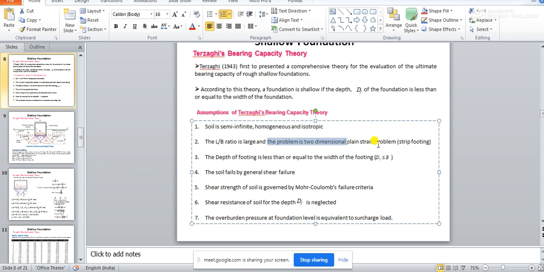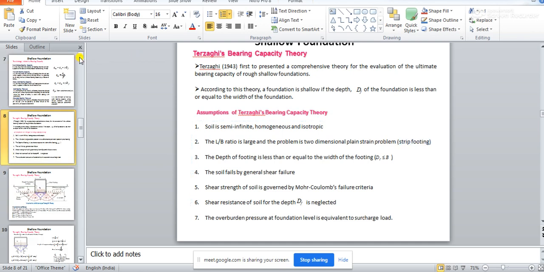And the plane strain problem, basically, if you understand this assumption in a simplified way, Terzaghi has derived this bearing capacity equation for a strip footing. If you remember what a strip footing is, we have shown it, right?